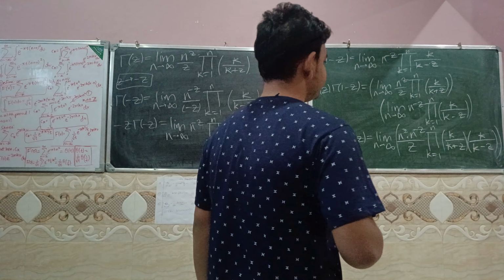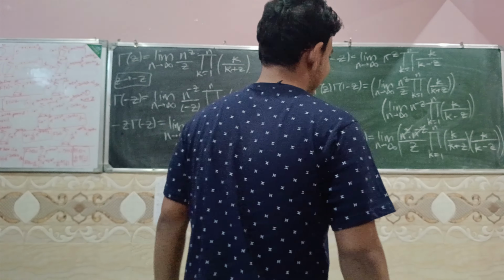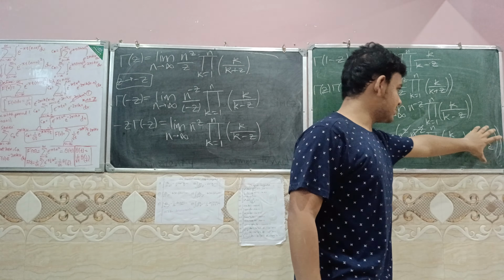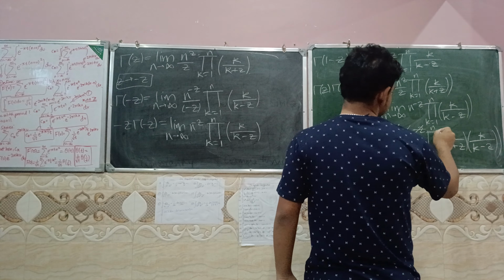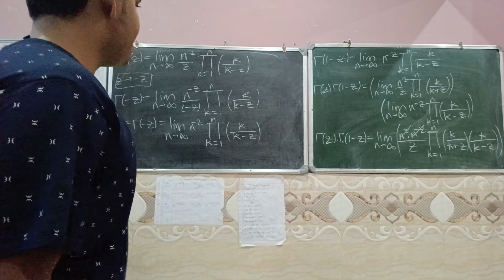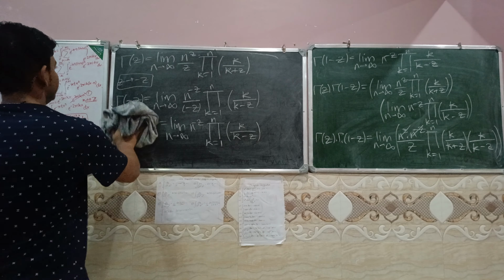Yeah, it's pretty fine. Okay, so basically this n to the z and this n to the negative z are gonna cancel out with each other, and since we are not having any n in this whole chunk rather than this one, we can just plug in n equals infinity, right? So yeah, we are having an infinite product there.